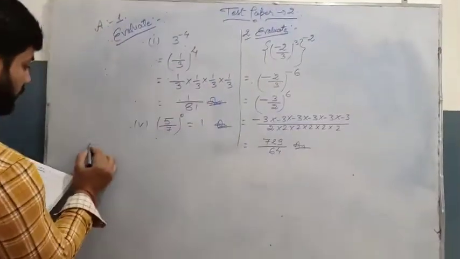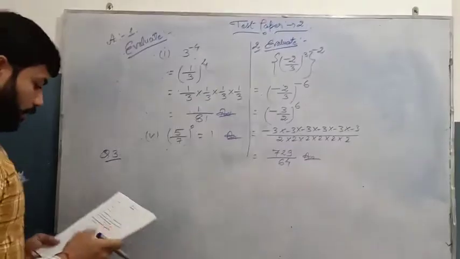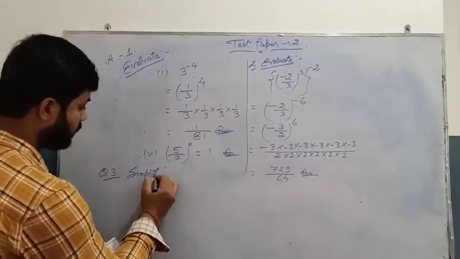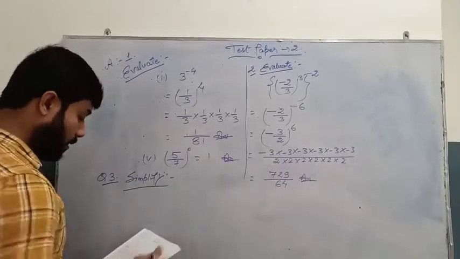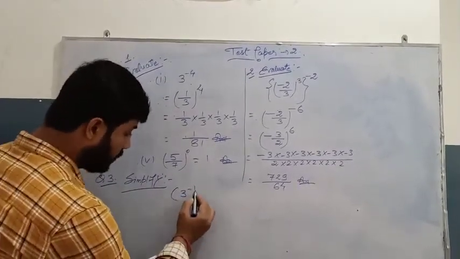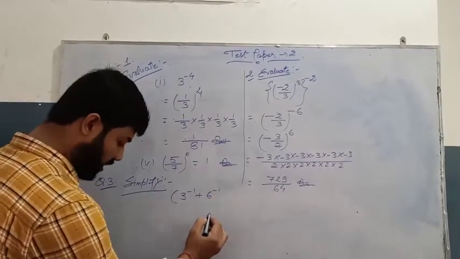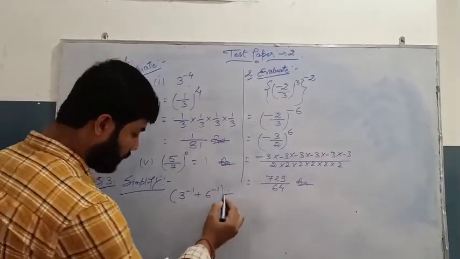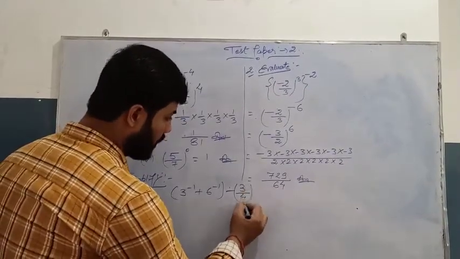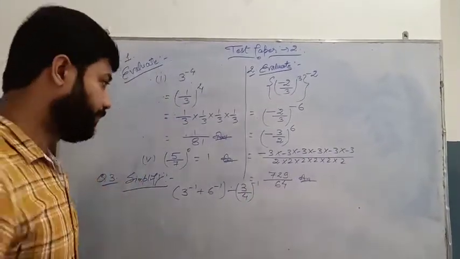Exactly. Now question number 3. Question number 3 says to simplify 3 to the power minus 1 plus 6 to the power minus 1 divided by 3 by 4 power minus 1.